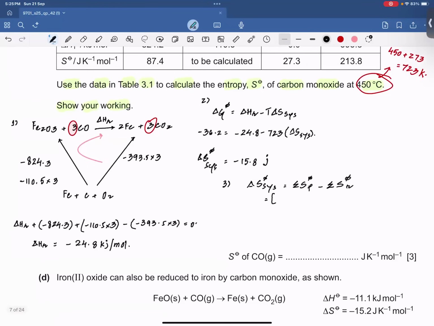Carbon dioxide has a value of 213.8, and I'm going to multiply this value by 3 because in the equation we have 3 moles. Plus iron has a value of 27.3, which I'm going to multiply by 2 because in the equation we have 2 moles of iron. Minus the reactant Fe2O3, which is 87.4.